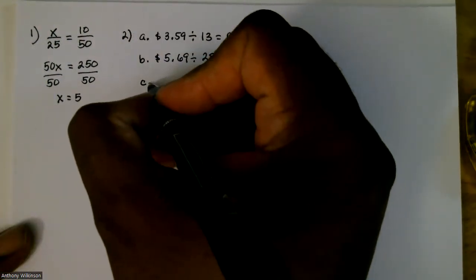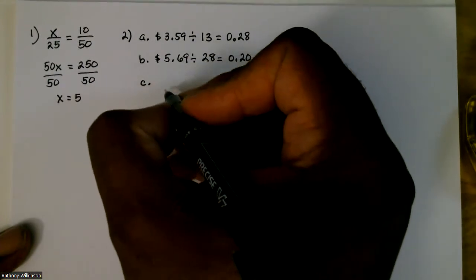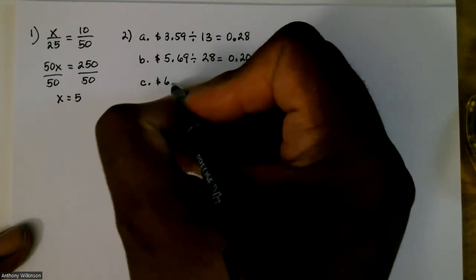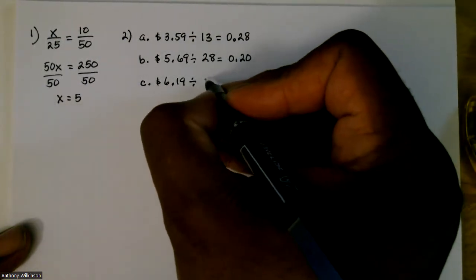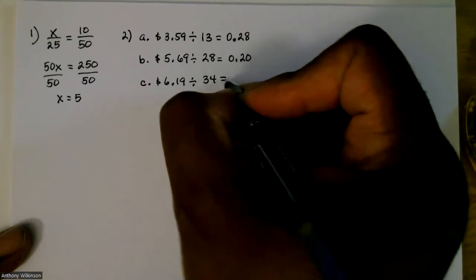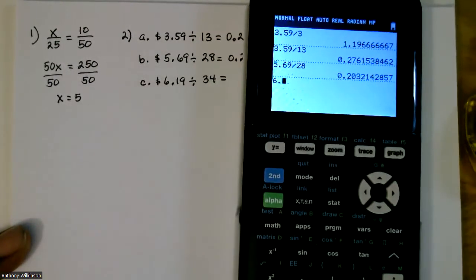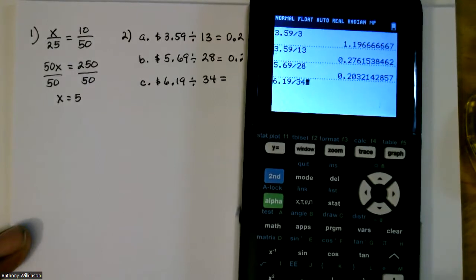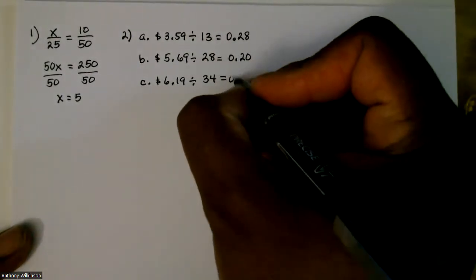And then the third one, C, which was a 34-ounce size of cereal for $6.19. So we have to do $6.19 divided by the 34 ounces. That would give us the price per ounce here. So $6.19 divided by 34. This will be to 2 decimal places 0.18, or 18 cents per ounce.